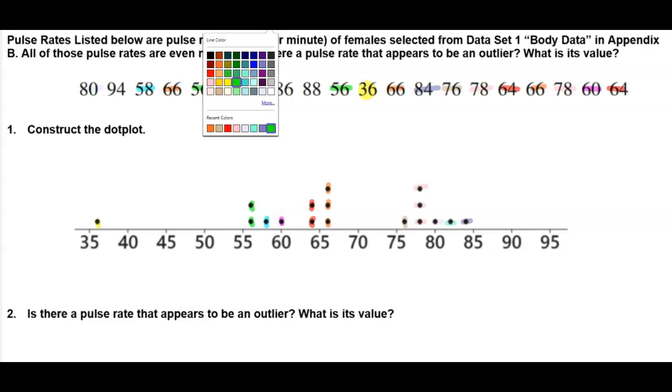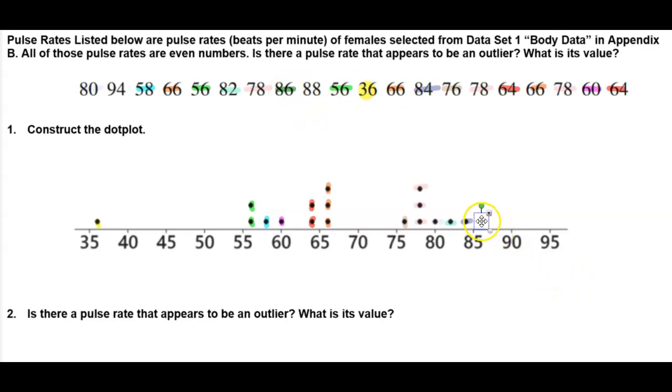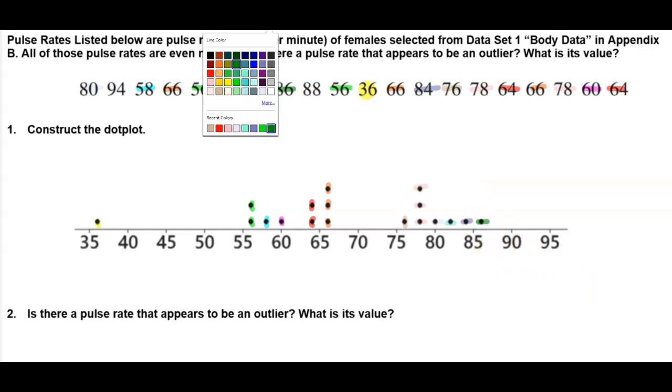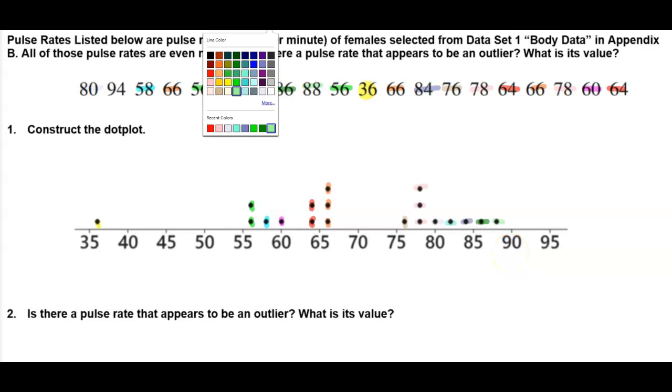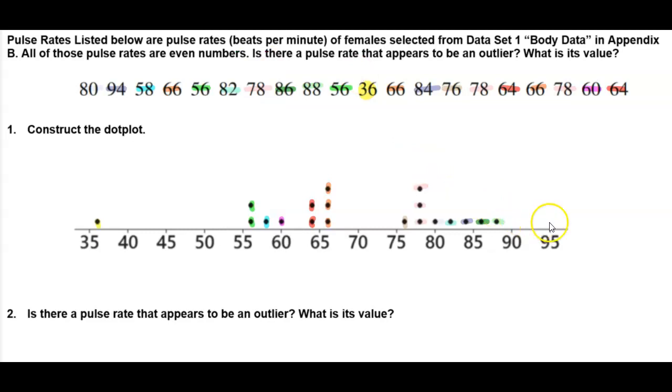Then the next one, we have 86. And then we have an 88, which is right before our 90. And then the last one we have is 94, which is right before 95.